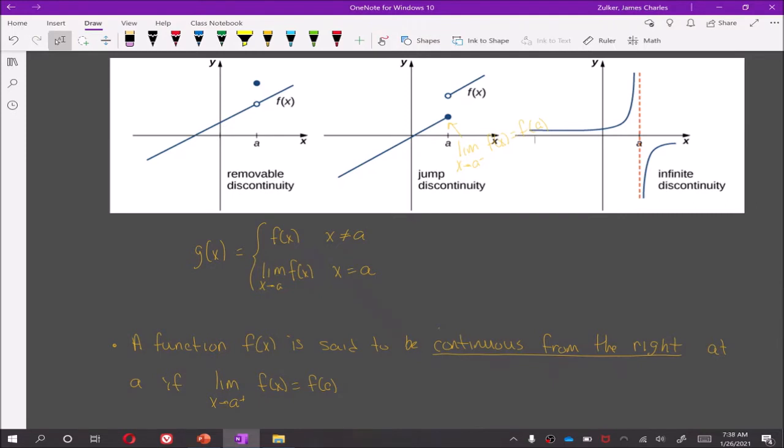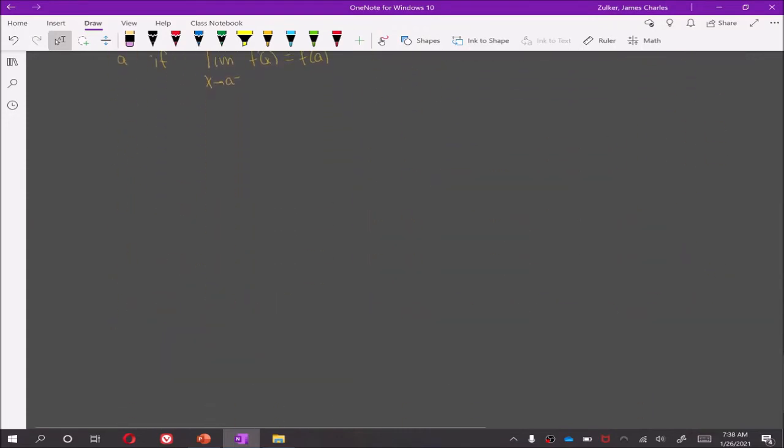We have so far discussed what it means for a function to be continuous at a point, but very rarely are we concerned with a single point. We want to know when a function is continuous over an interval.